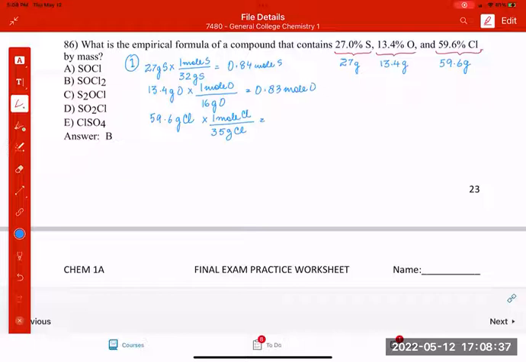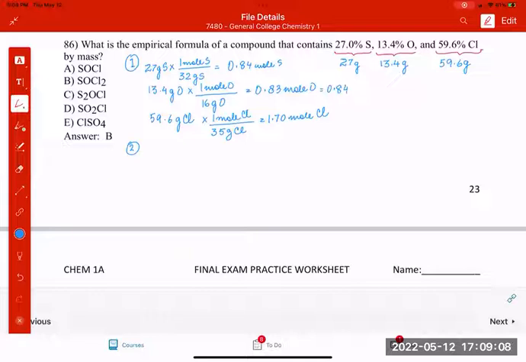The next is 59.6 divided by 35. What do you get here? 1.70 moles of chlorine. So now what will you do next? Find the lowest one. The lowest is 0.84, and 0.83 is 0.84 only, so you can just make it 0.84.